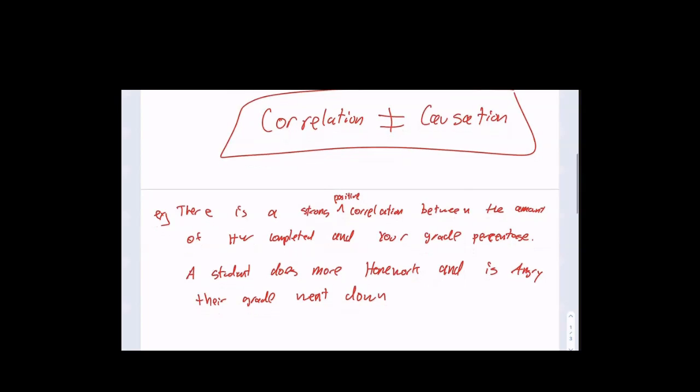They're like, well, you said that there is a strong correlation between doing homework and the grade. So if you do more homework, shouldn't my grade go up? And I get these all the time, and I'm just like, okay, well, you think there's a causation. That doesn't mean that if you do more homework, your grade will go up. Okay? There is not a causation.